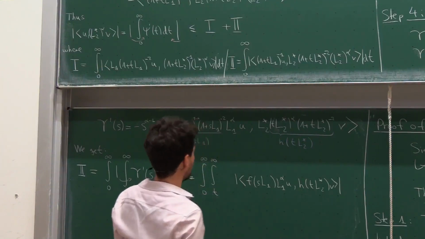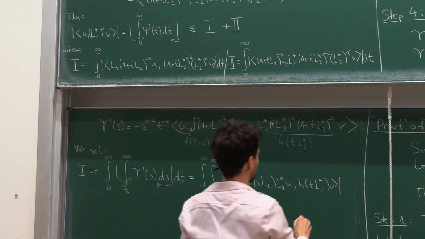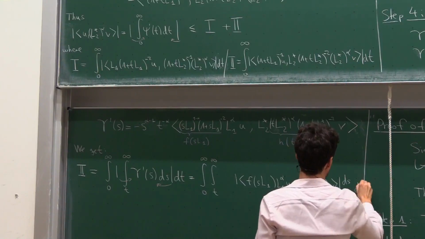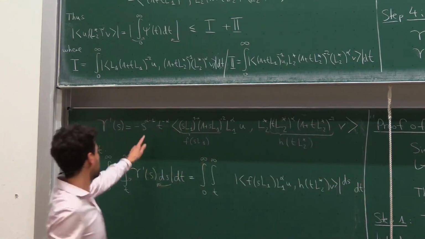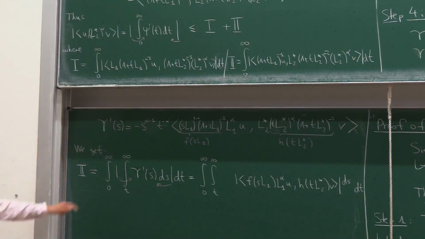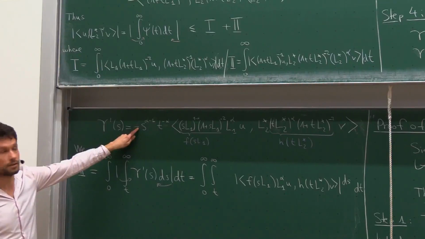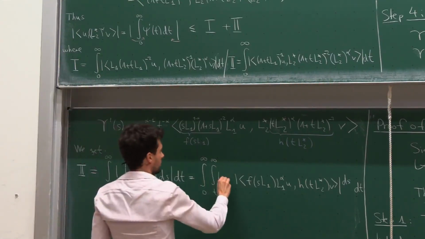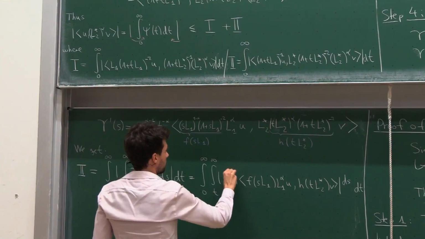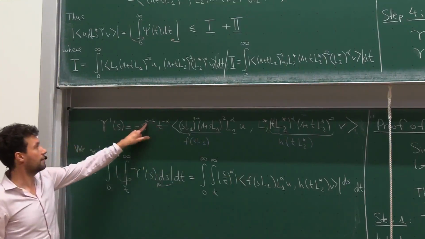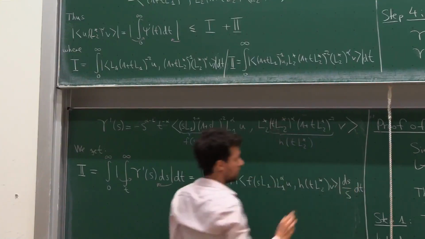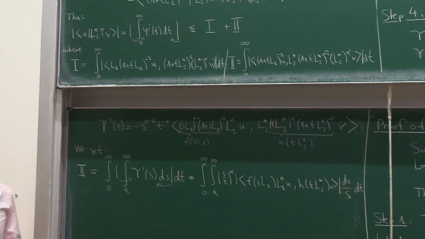Then there's integration in s, and there's integration in t. And I need to take care of these factors, so the minus sign goes away, of course. I write it as s over t to the alpha, and the additional minus 1 I'm going to put in the measure. So that it is.